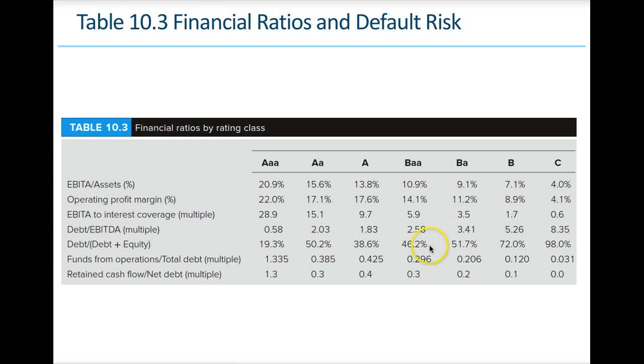So here's an example of, if we're looking at bond levels from the best bonds to the worst bonds, which is represented by C, we could look at these different financial ratios, and we could see how the changing of these financial ratios is going to affect the quality of bonds.